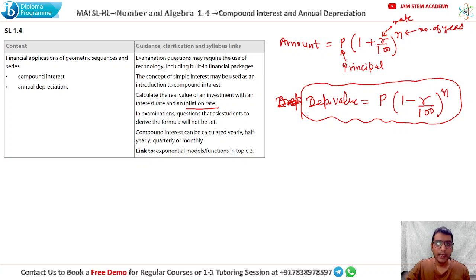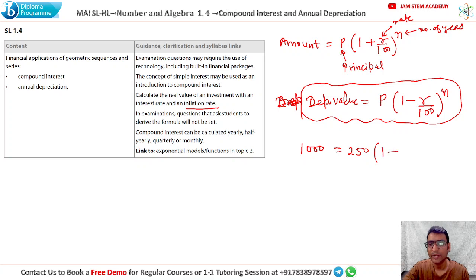In any question, if they give you the amount, let's say the final amount is 1000 and your initial investment was, let's say, 250, what should be the rate of interest so that the 250 dollars becomes 1000 dollars after, let's say, 20 years?